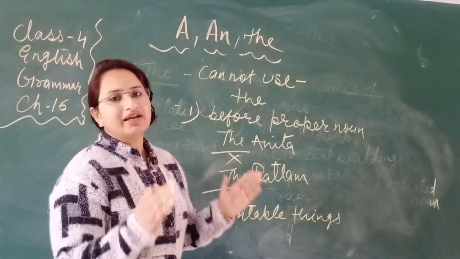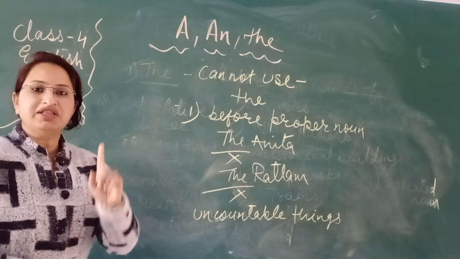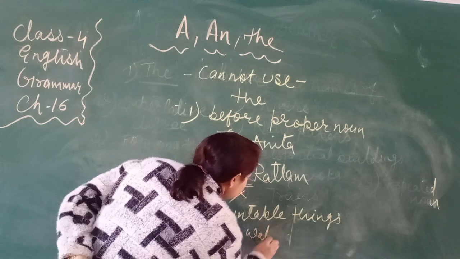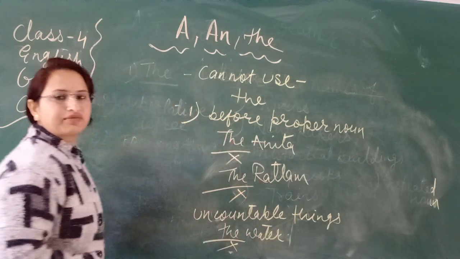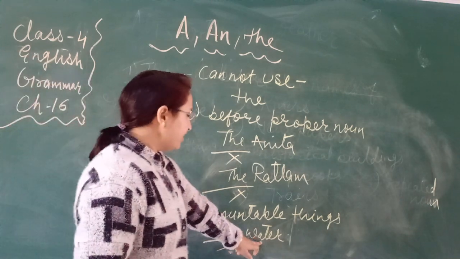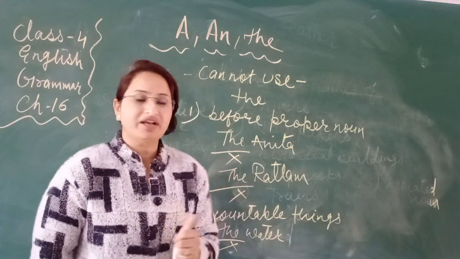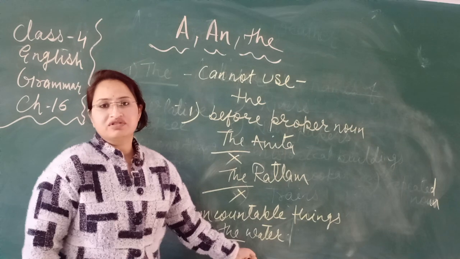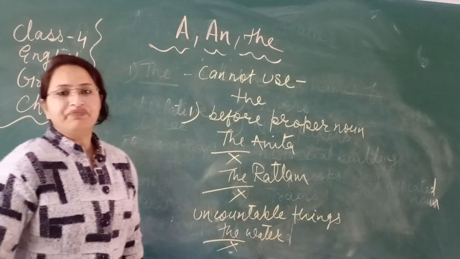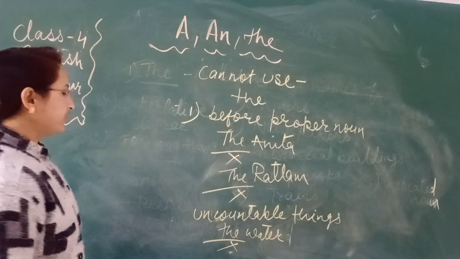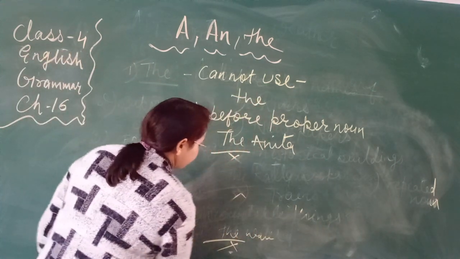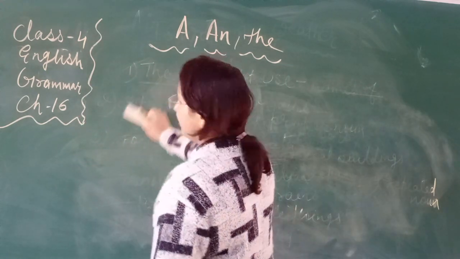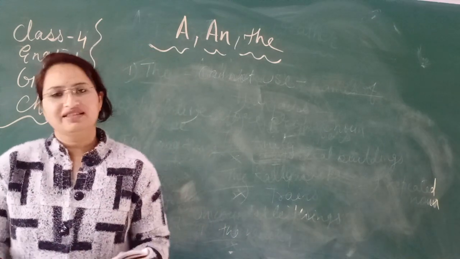Articles are used for only countable things. Like the water, it will be wrong. If water word is there in a paragraph, then we cannot use article the or any of the article. So I hope, dear students, till here it is clear to you where to use articles a and the.